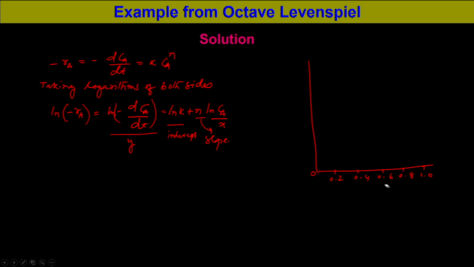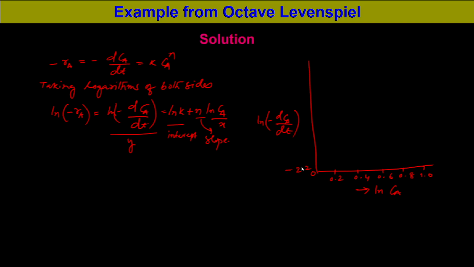So, this is ln C A values and the ln of minus dCA dt as we have calculated earlier, we can plot them.